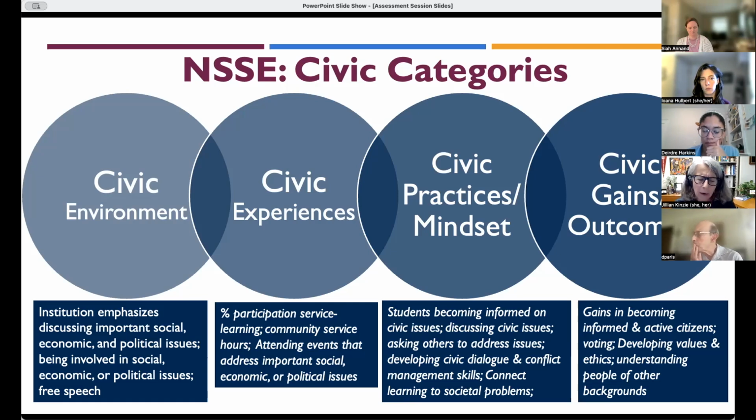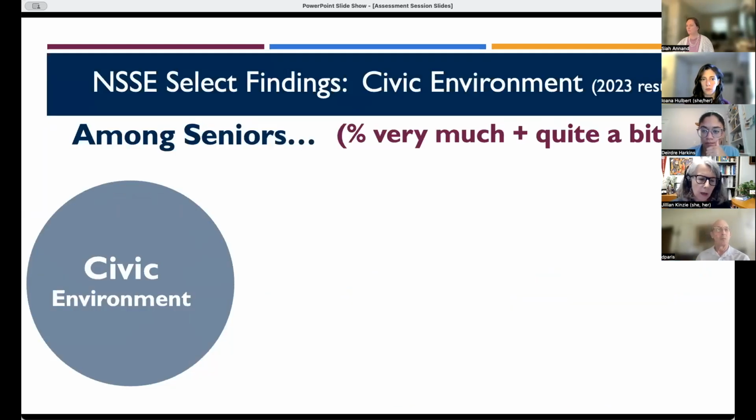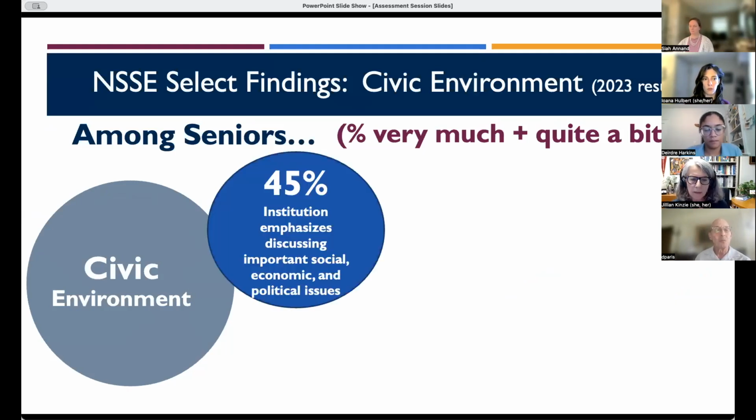And then in the next slide, I want to show you a couple of examples of what that data looks like. So for example, for civic environment dimensions, I'm just going to show you a couple of things here. The first dimension is about students' impressions that the institution emphasizes discussing important social, economic, and political issues.